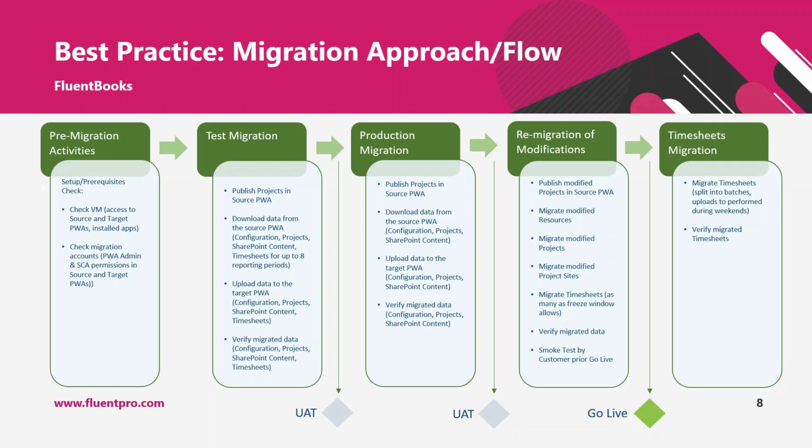And second is Fluentbooks, when it migrates the project, Fluentbooks downloads the draft copy of your project. Unfortunately, due to API limitations, Fluentbooks cannot download published version of the project. So Fluentbooks downloads the draft version, and during upload to your Project Online PWA, Fluentbooks will programmatically create this project.